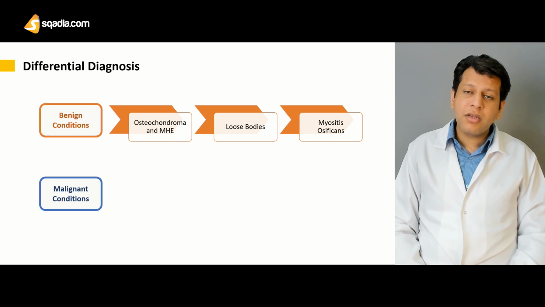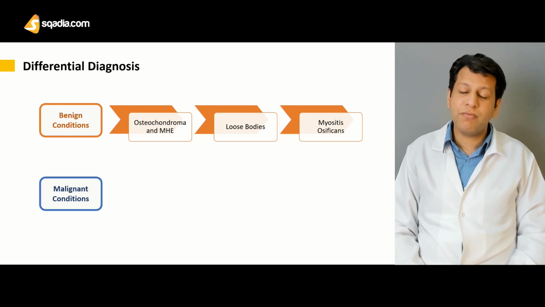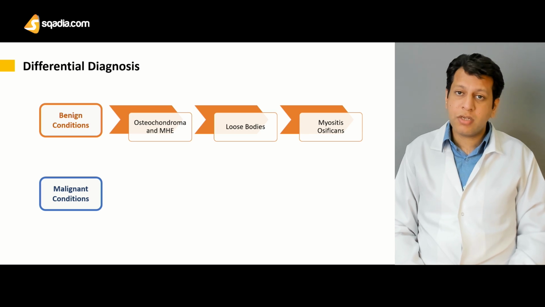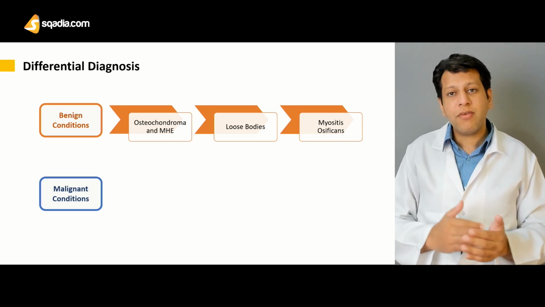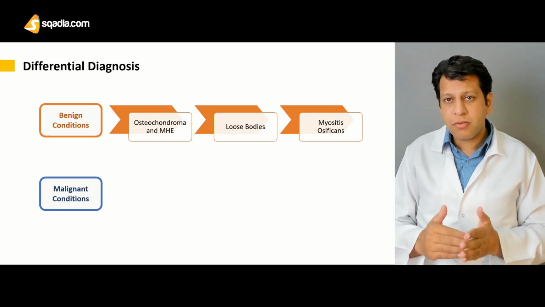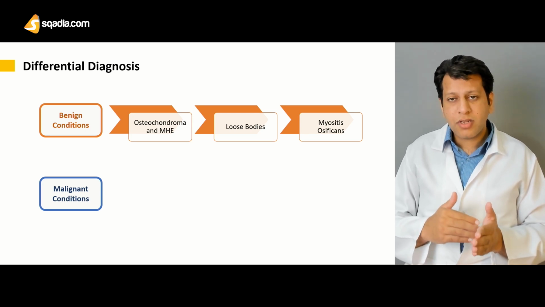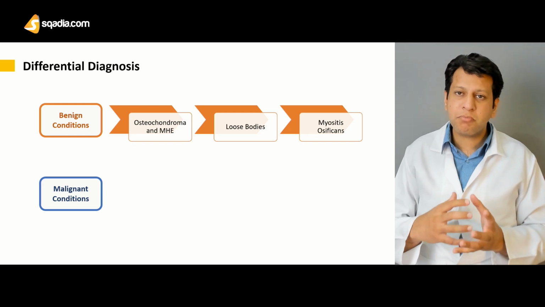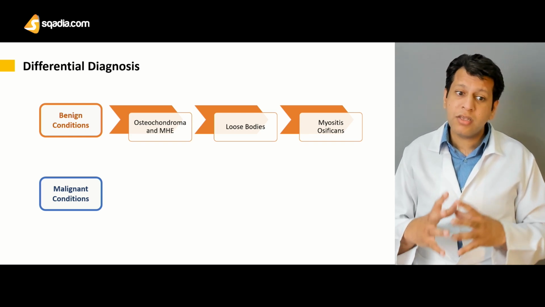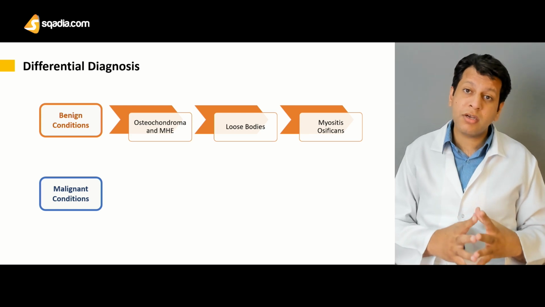Then there are certain malignant conditions which do mimic synovial chondromatosis on X-rays, especially when they are involving the joint. Why am I saying this? Because if there is a usually prolonged history, if there is associated weight loss, and sometimes pain may be very severe as well, then you should suspect certain malignant conditions.